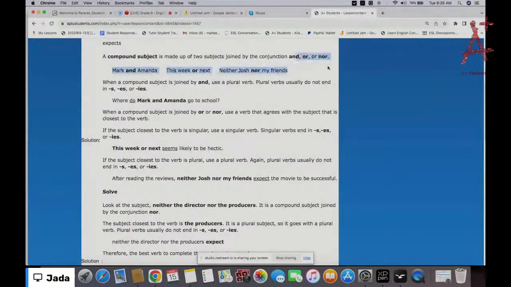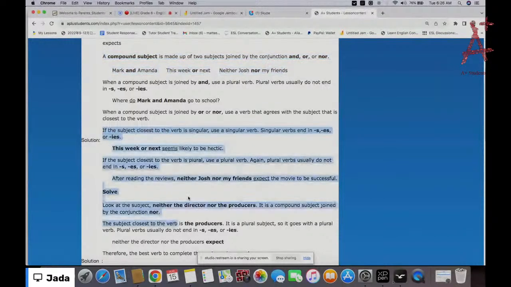That is for the compound subject in general. But from under here, we have the breakdown of when to use the "and", when to use the "or" and the "nor".